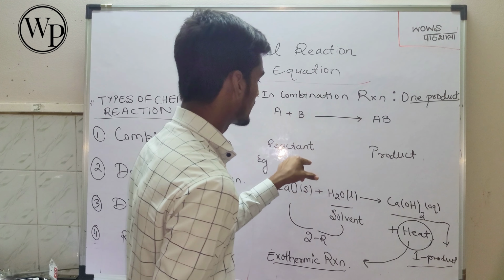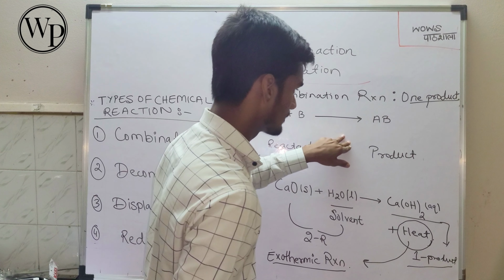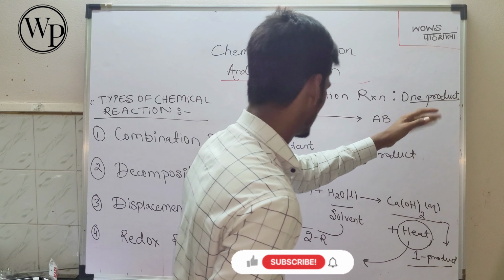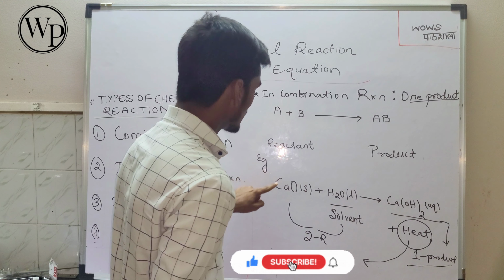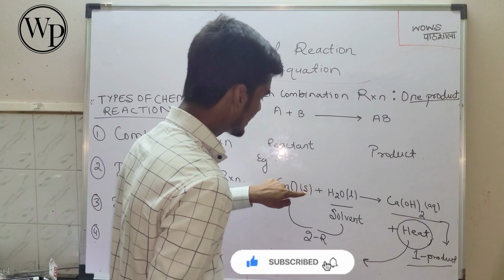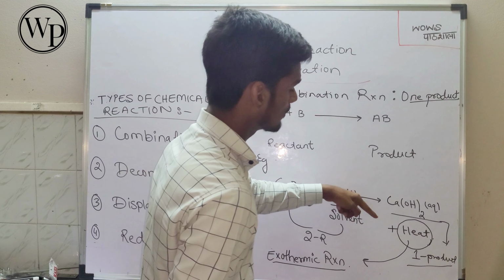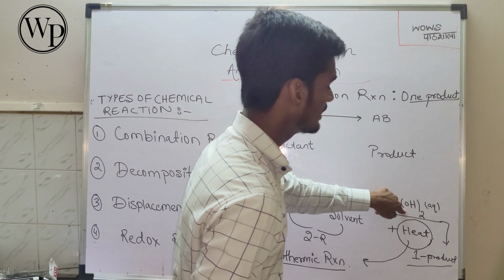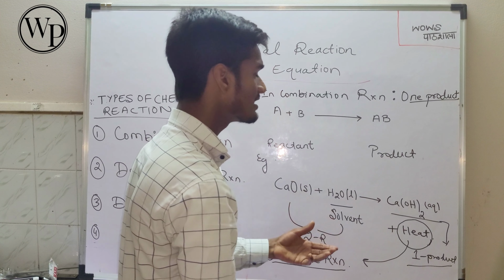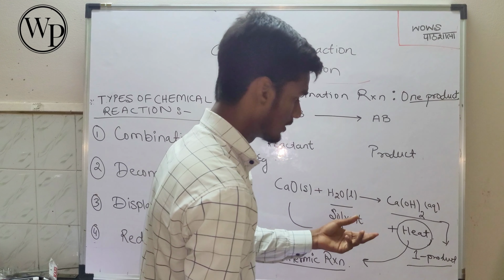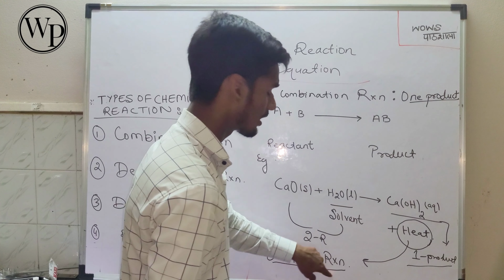Two or more reactants produce only one product with the help of heat, energy or a catalyst, or may produce heat. We discussed one example: calcium oxide in solid form reacts with water in liquid form and is converted into calcium hydroxide in aqueous form, plus heat. Heat is released by the reaction, so it is known as an exothermic reaction.